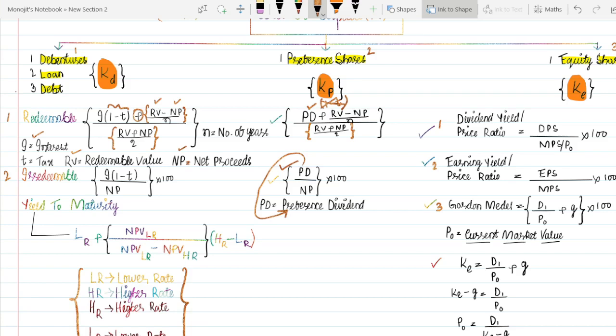And there is another formula for debenture, that is yield to maturity.